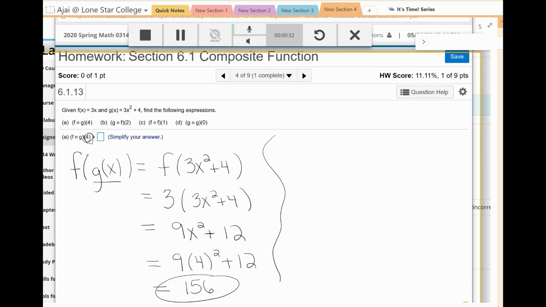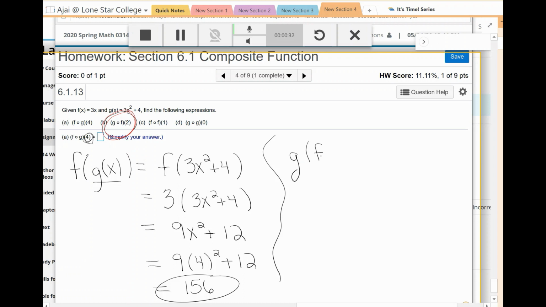So let me show you another way you could have done this. Let me just go backwards, because the next problem is asking you to find g of f. Let me do this problem in a different way.